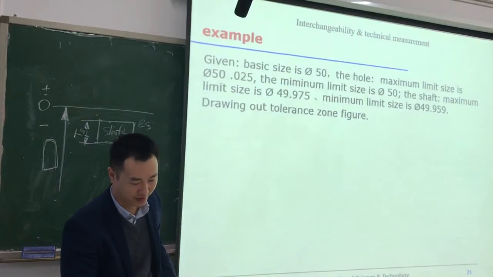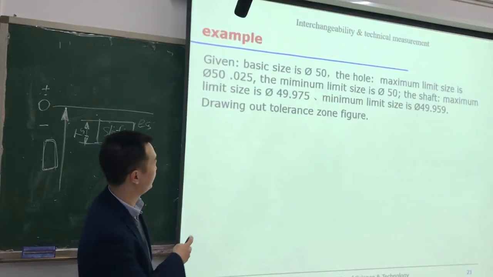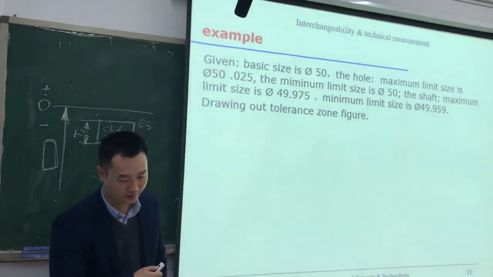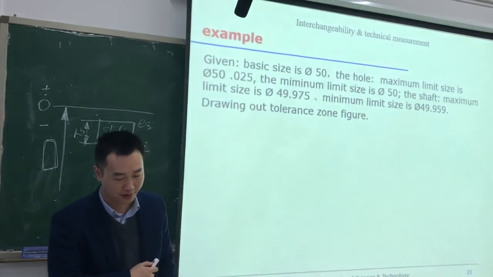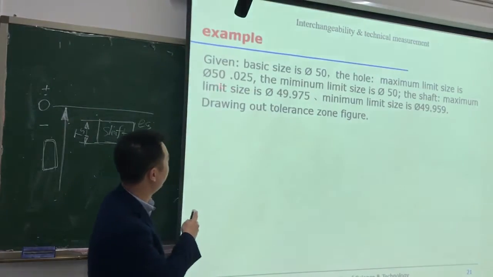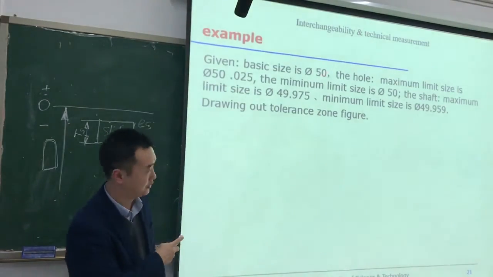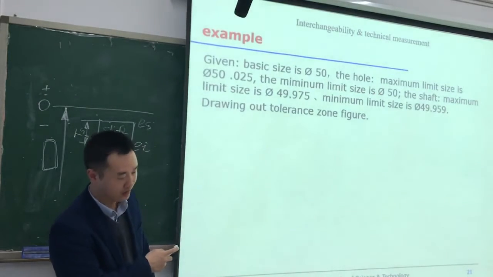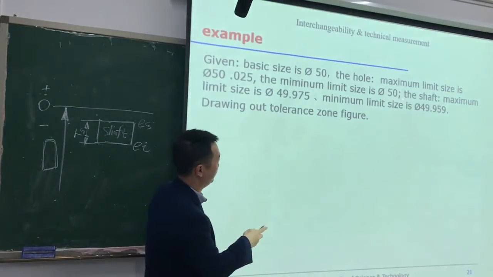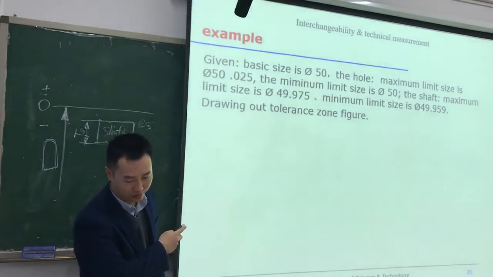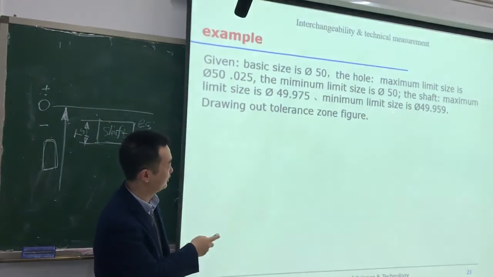So let's see an example. Given the basic size is 50 diameter, the hole has the maximum limit size of 50.025. The minimum limit size is just 50. And for the shaft, the maximum limit size is this value, and the minimum limit size is this value.